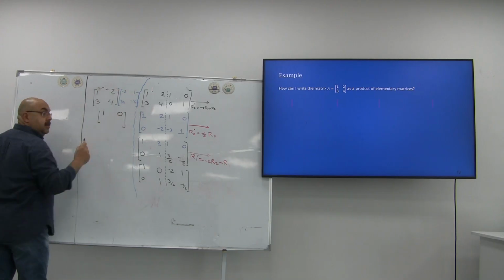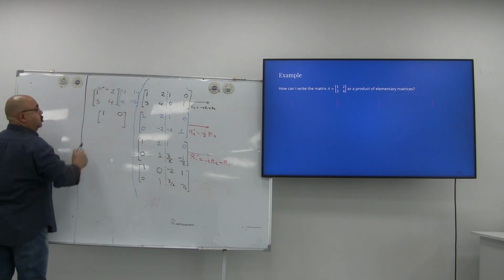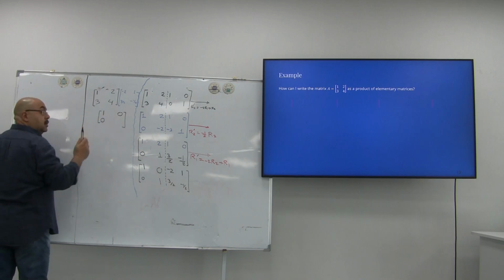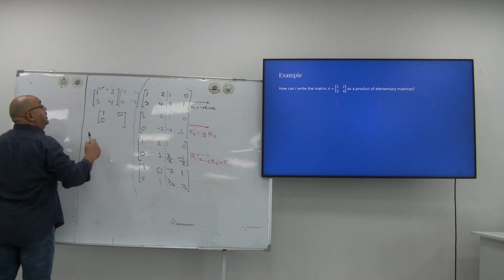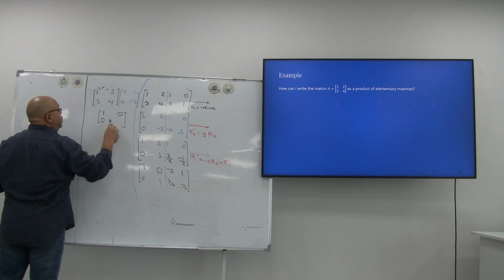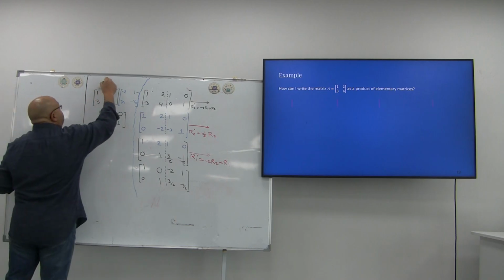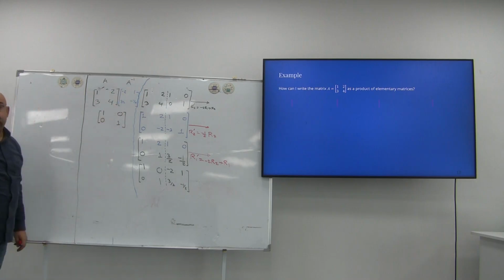Multiplying the second row by the first column: negative 6 plus 6. Multiplying the last row by the last column: it's going to be 3, minus 2, which means that's matrix A, and that's matrix A inverse.